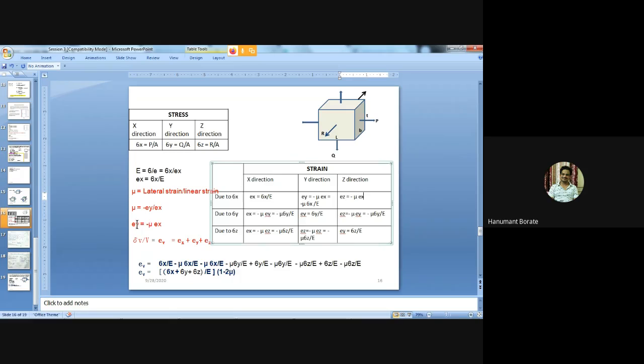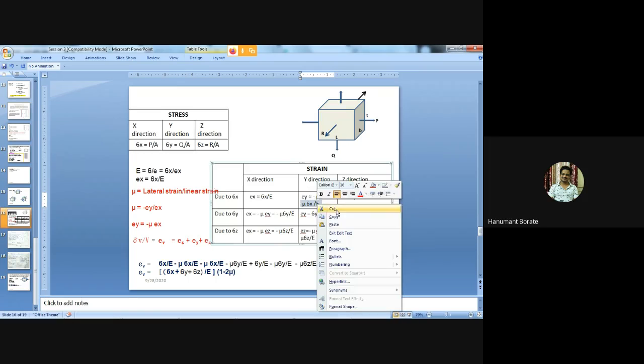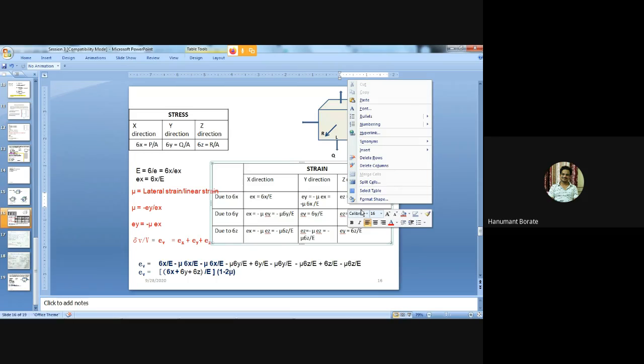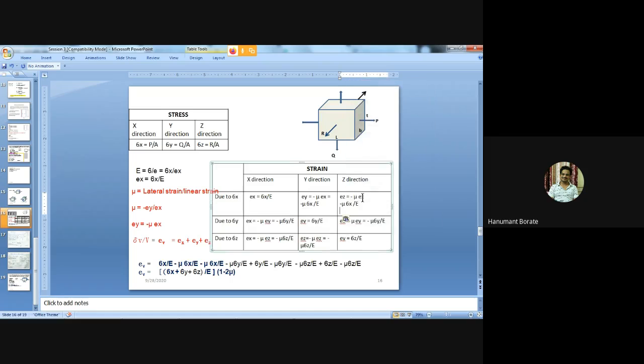So we can write Ez, the strain in the z direction, equals minus mu into the strain in the x direction. So I have written Ez equals minus mu into Ex. Similarly, we can write minus mu into sigma x by E.